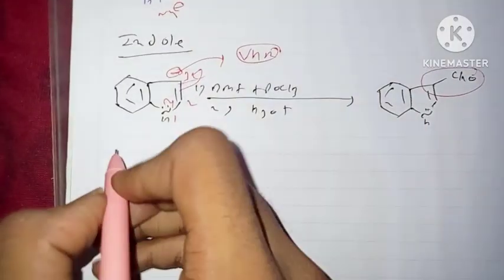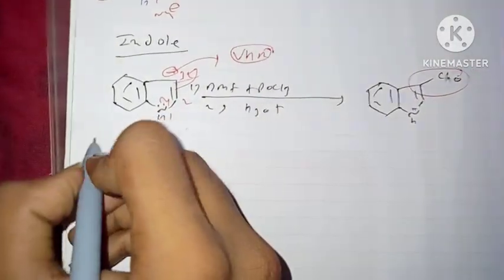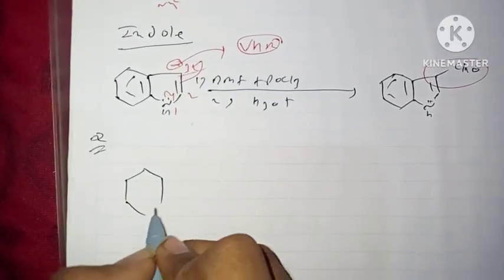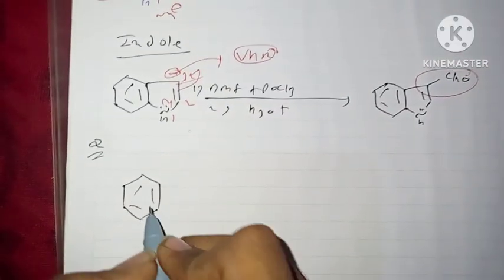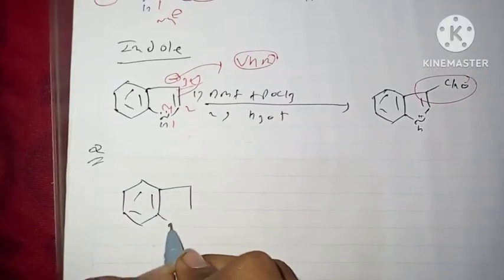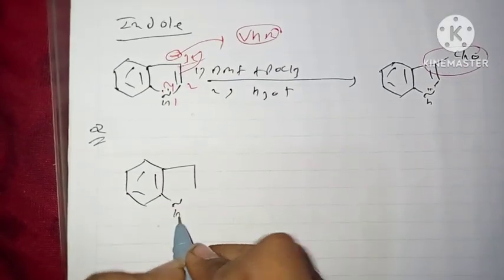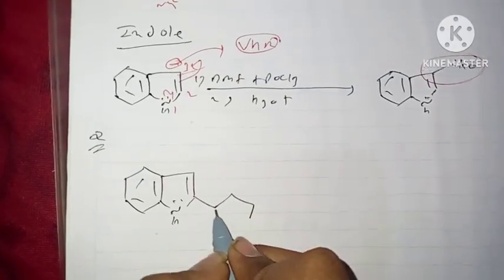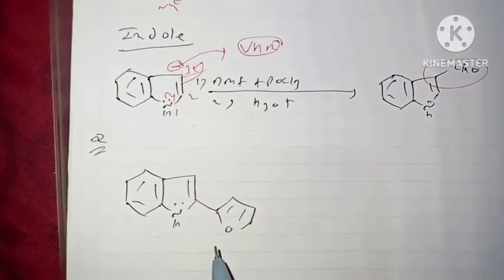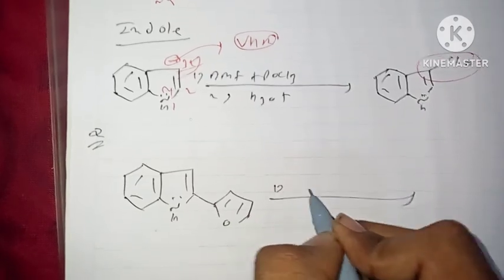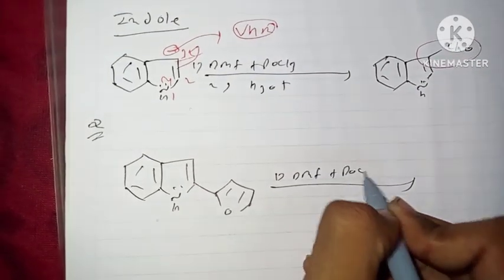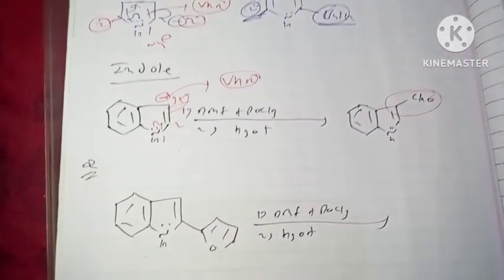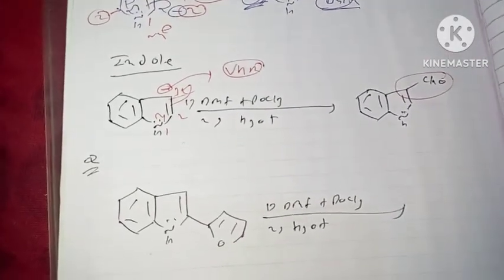Now see an amazing example, a combination of these two, indole and a 5-member heterocyclic ring, both combined in one example. So in this case formylation takes place on both sides.